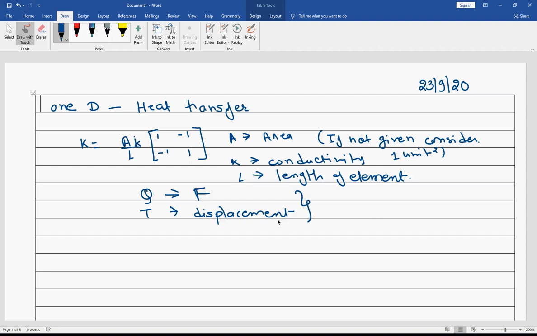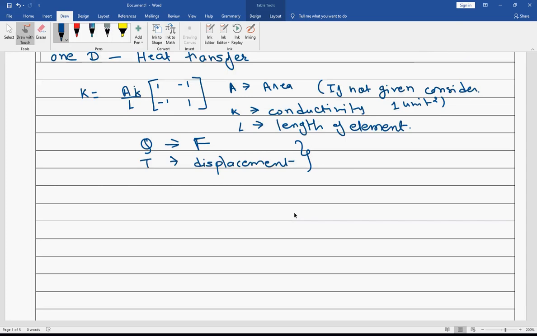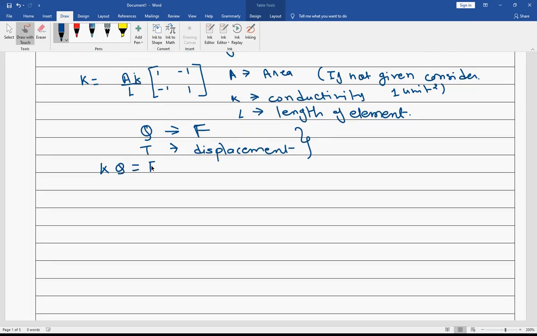So if you think this, then I could write KQ equal to F. This is my FEM equation that will be converted into KT. Q is my displacement basically, so it becomes KT. Here in this case Q is heat transfer.